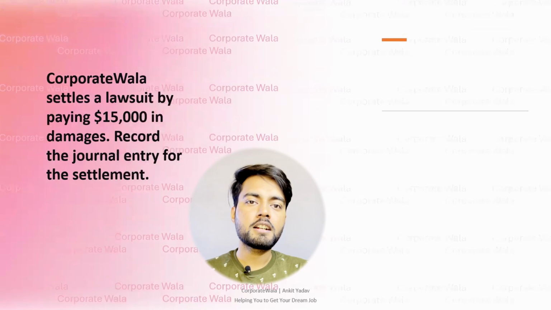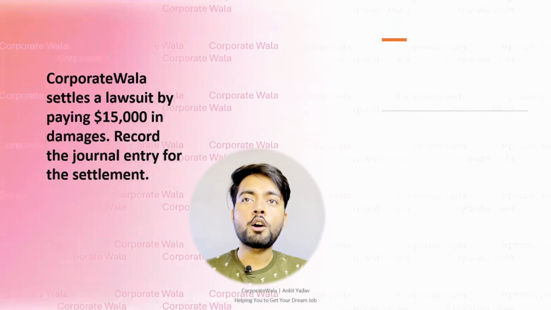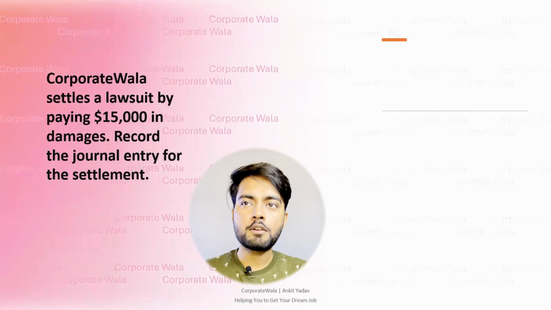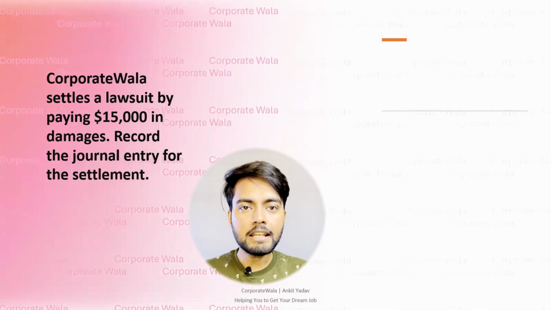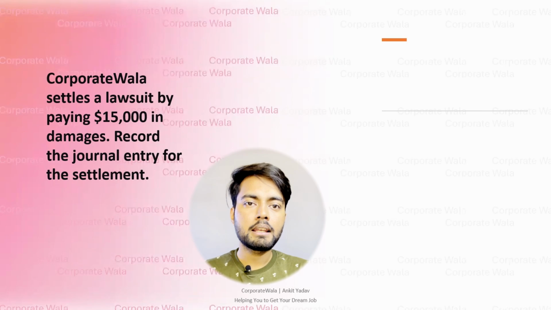Moving ahead, now let's talk about our next journal entry, which is CorporateWala settles a lawsuit by paying $15,000 for damages, and we need to record this transaction in our books of account. So whenever you are paying any lawsuit damages, it will be treated as your expense, and if you are paying it, you will credit your bank, but if you are not paying it yet, it will create a liability for you.